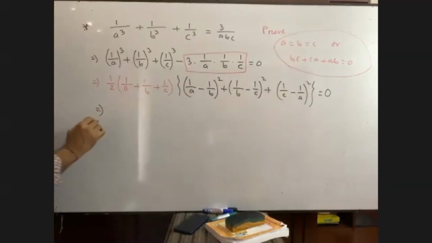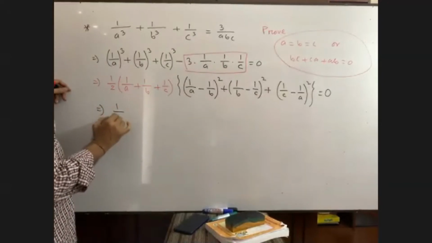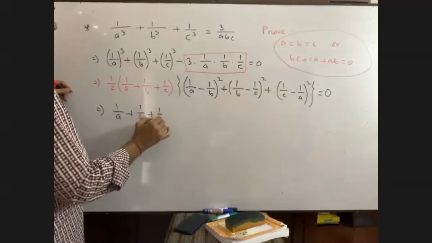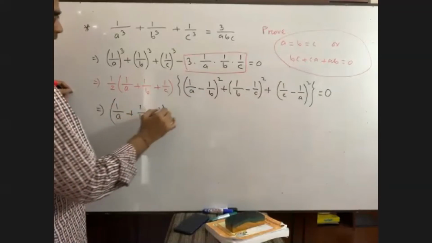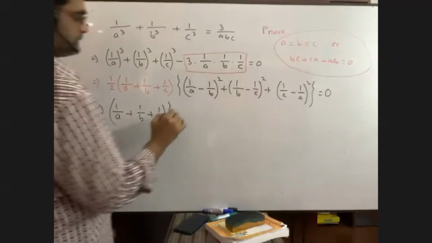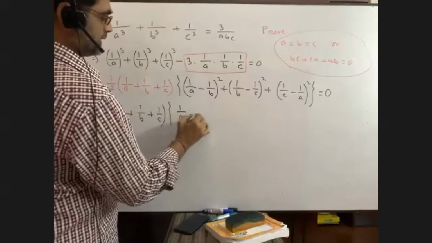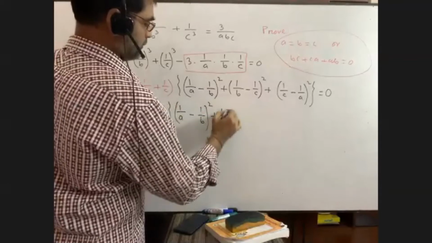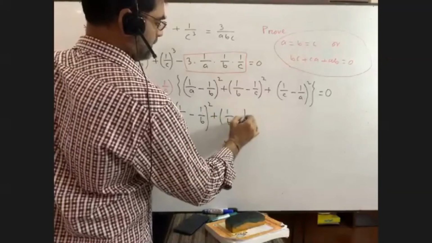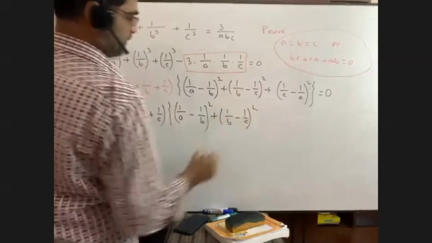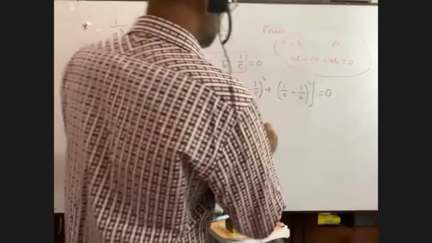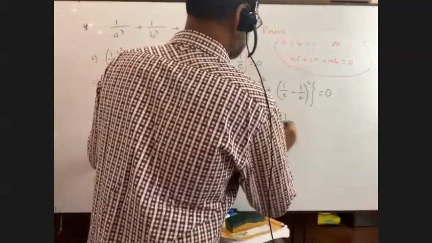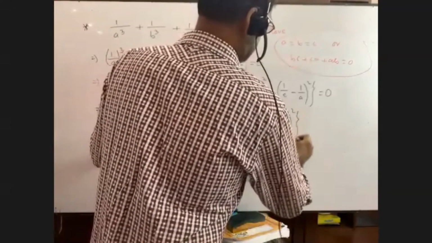So I'm going to write down other than half: 1 by a, 1 by b, 1 by c into 1 by a minus 1 by b into 1 by b minus 1 by c plus 1 by c minus 1 by a is equal to 0.